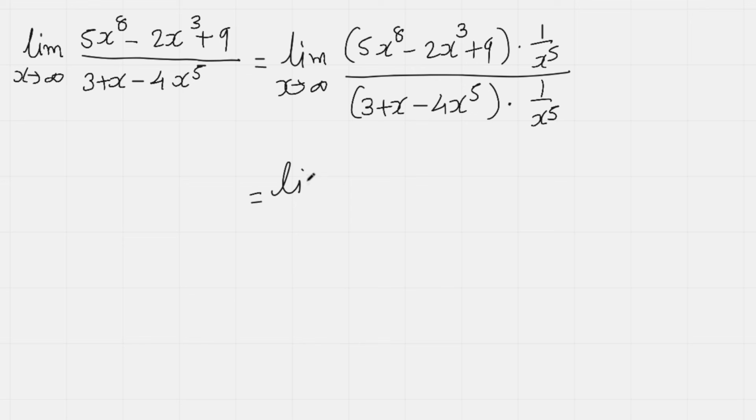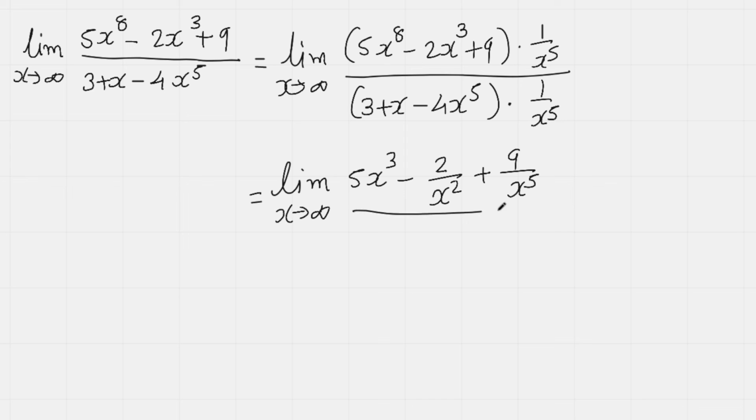So this will be equal to the limit as x approaches infinity: 5x^8 divided by x^5 will give us 5x³, minus 2 over x², and plus 9 over x^5. Now in the bottom we will have 3 over x^5 plus 1 over x^4 minus 4.